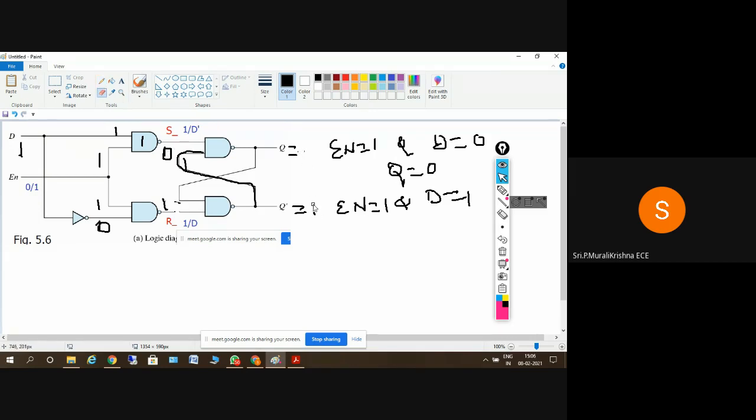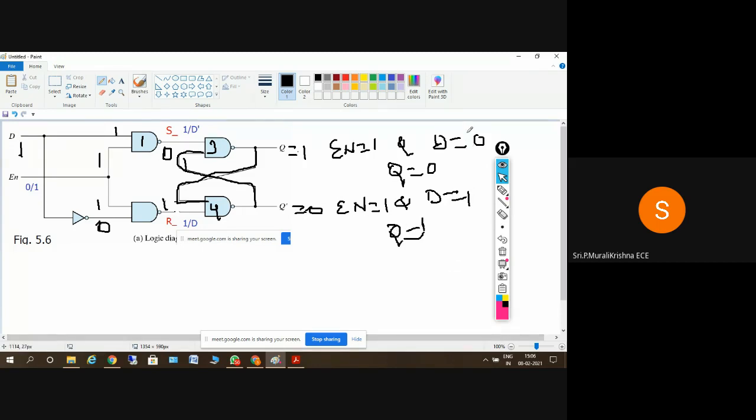For the third NAND gate, one of the inputs is 0, so I'll get Q equal to 1. This Q equal to 1 is fed to the fourth NAND gate, so 1 and 1 will give a 0 here. So I got Q as 1 and Q bar as 0.